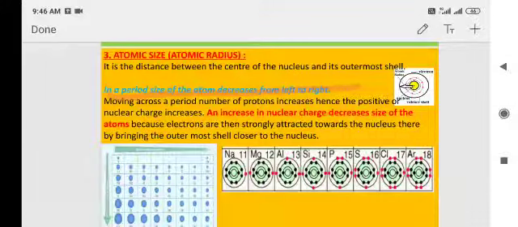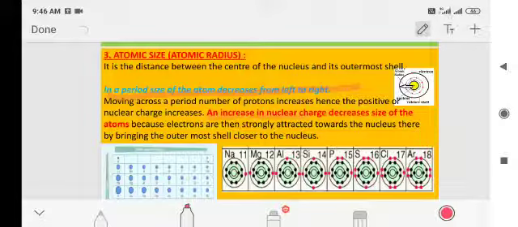Proton is situated in the nucleus, as you all know, that means the center of the atom. So आगे बढ़ने पे एटॉमिक नंबर बढ़ने की वजह से प्रोटॉन्स का नंबर भी बढ़ रहा है. प्रोटॉन्स का नंबर बढ़ने से न्यूक्लियस का चार्ज बढ़ रहा है, and because of that increase in nuclear charge, with the red color I have placed here, an increase in nuclear charge decreases the size of the atom.